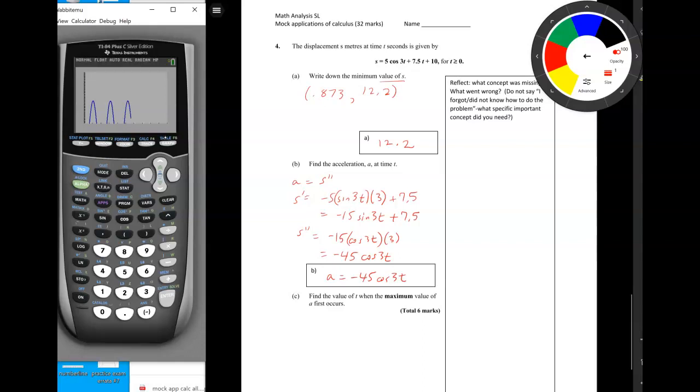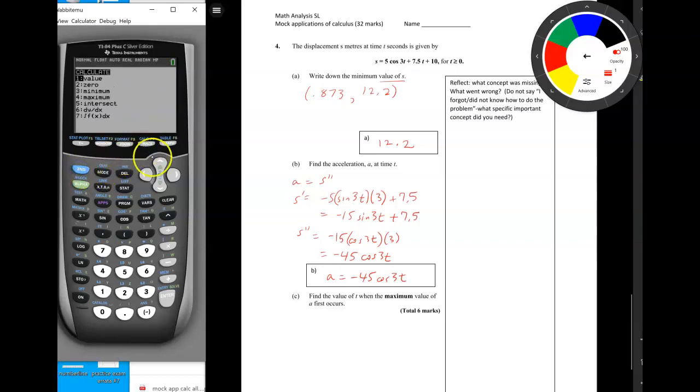Looks like a sea serpent. Okay, I forgot. I need to adjust the zoom fit, right? Zoom fit is 0. Find the value of t when the maximum value of A first occurs. The first occurrence is right there. So we're just going to do second calc max, and we're going to find that point.